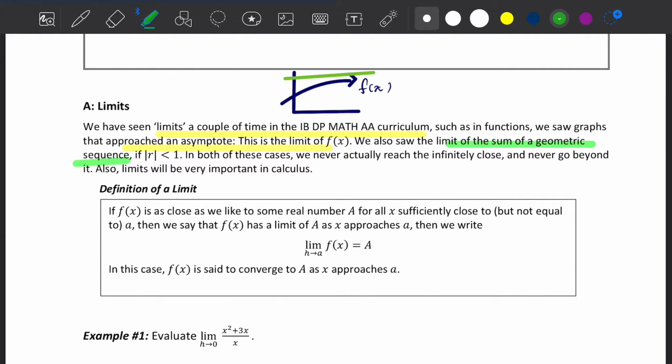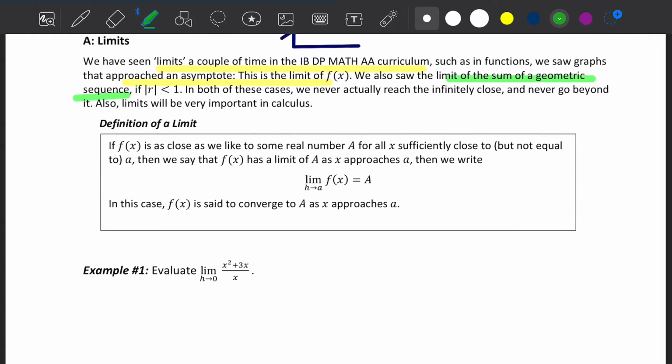So the limits will also be very important in calculus. To understand what happens when these numbers get infinitely close and never go beyond the line, we use the mathematical principle called the limit. So here is the definition of the limit.